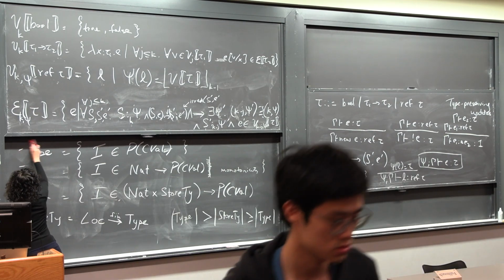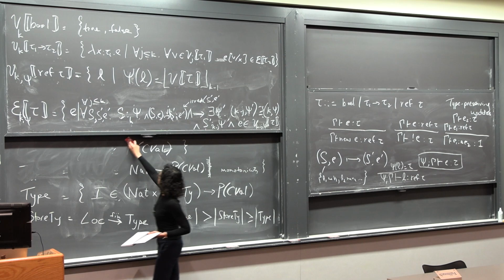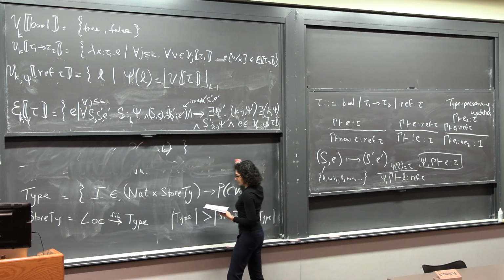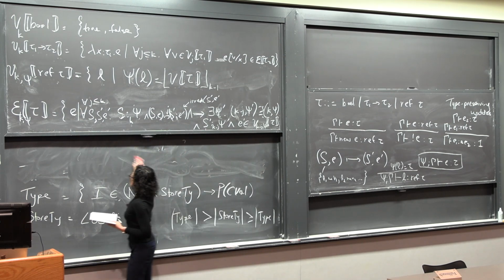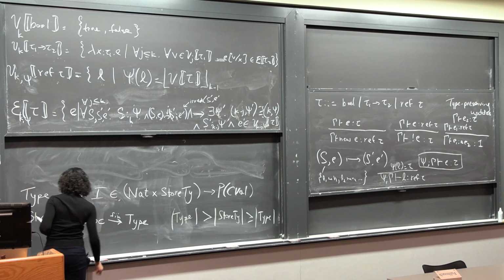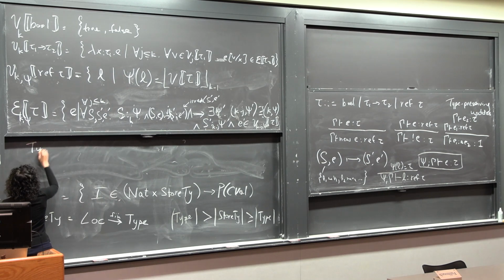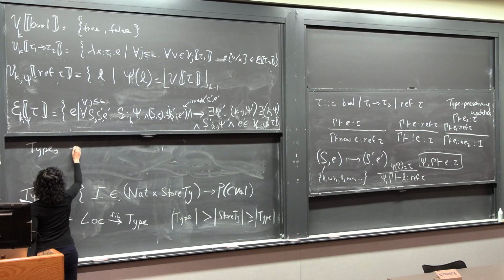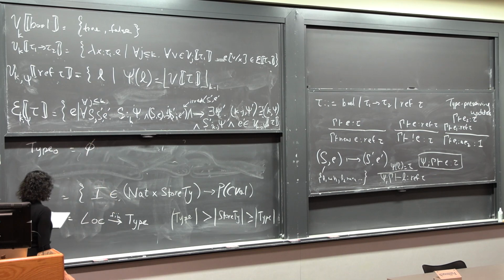I'm going to just delete the top parts and write over there. So what we want is a sort of stratified set of types, or a hierarchy of types. I'm happy with saying that type at level 0 is just the empty set, doesn't have anything.